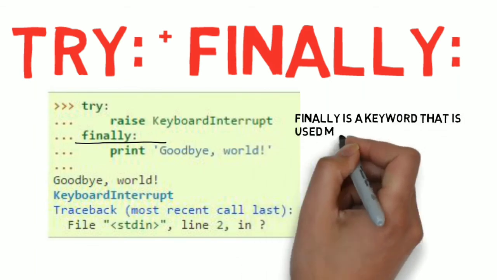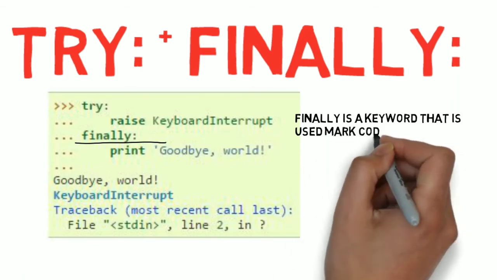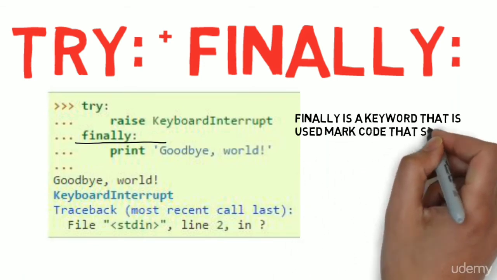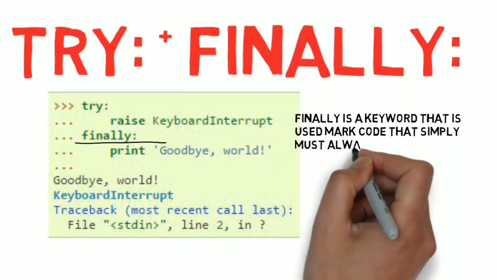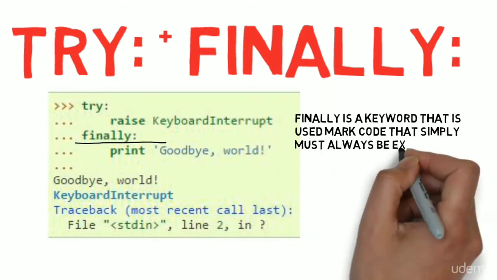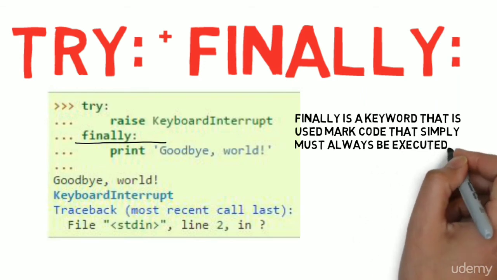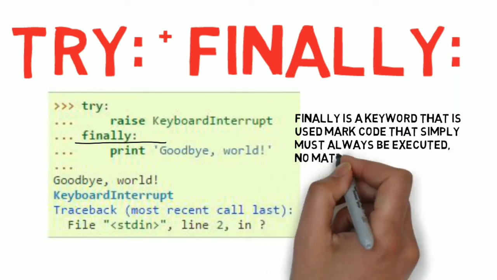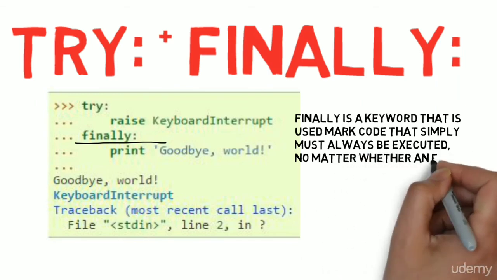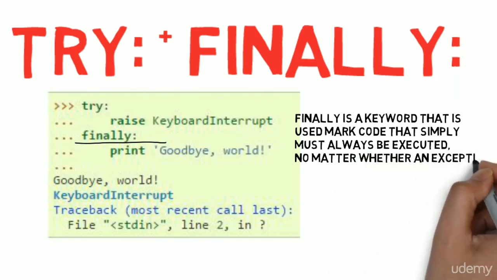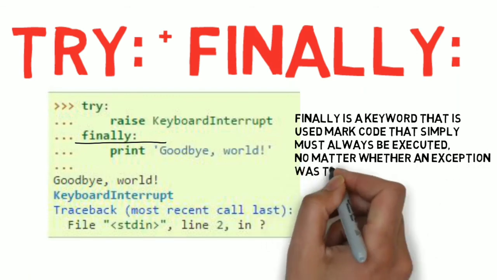So let's say you had a really important operation that needed to be done, like committing to a database or closing a file. These kinds of operations are necessary to make sure your databases and files don't get corrupted.